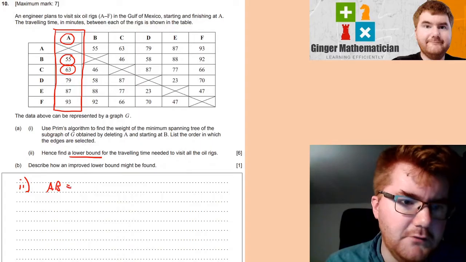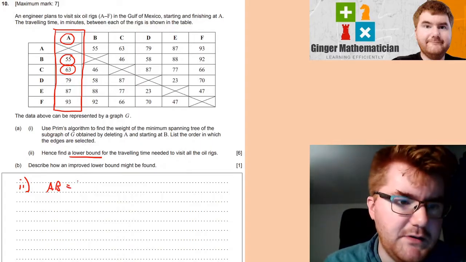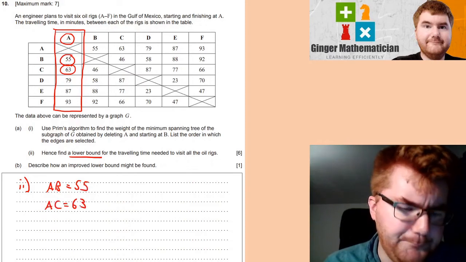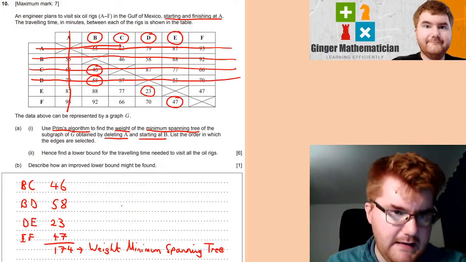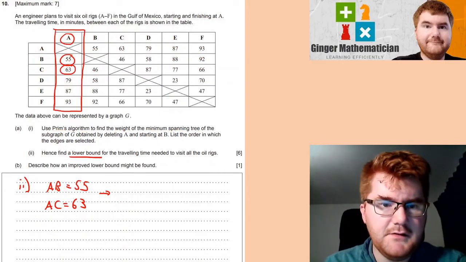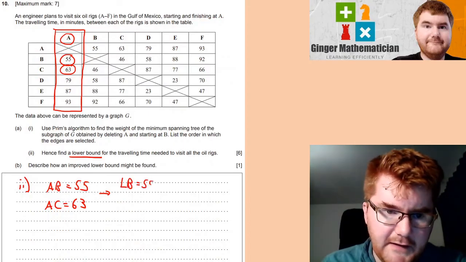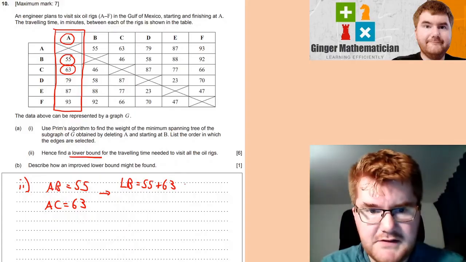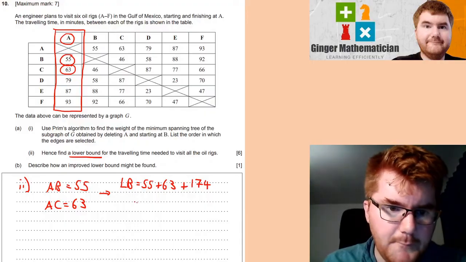So in order to complete the travelling times needed to visit all the oil rigs, we need to put in AB is 55 and AC is 63, and add those to the minimum spanning tree of the previous question. To work out the lower bound, we add 55 plus 63, the 2 lowest from A, going in and going out, and also add on the 174.